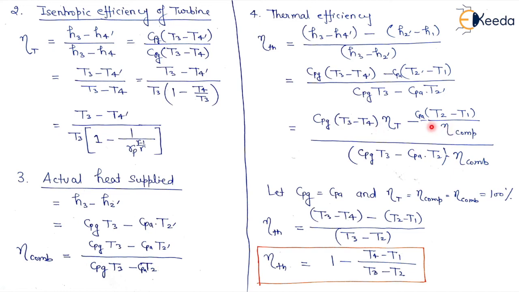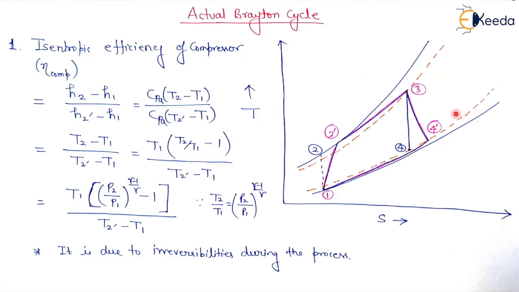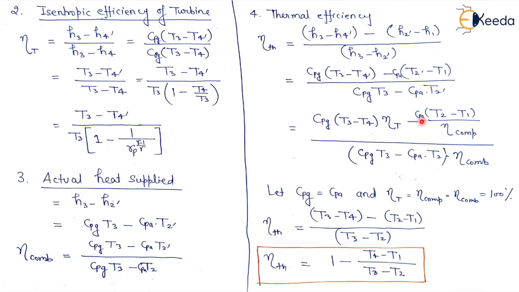Minus. Similarly, from this equation, you can find that T2 dash minus T1 will be equal to T2 minus T1 divided by efficiency of compressor. So I have written here Cpa into T2 minus T1 divided by efficiency of compressor, and the whole divided by Cpg T3 minus Cpa into T2 into efficiency of combustion. If I have to calculate this, I will multiply the efficiency with this value. So I have written this formula.